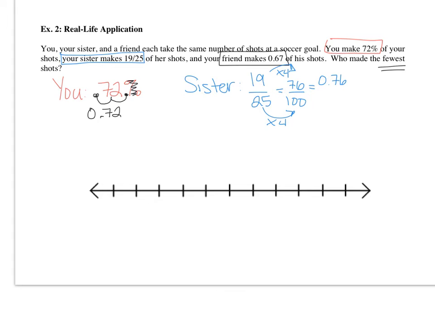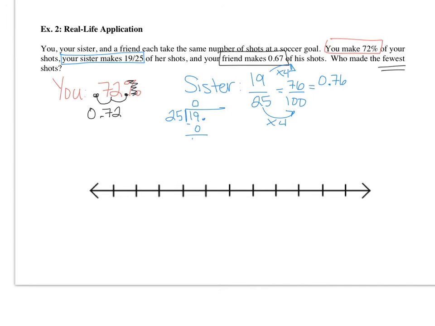Now, if you can't remember to do that, it's not a problem. Remember, a fraction is a fancy schmancy division problem. So 25 is going to go on the outside, 19 is going to go on the inside with a decimal point at the end.